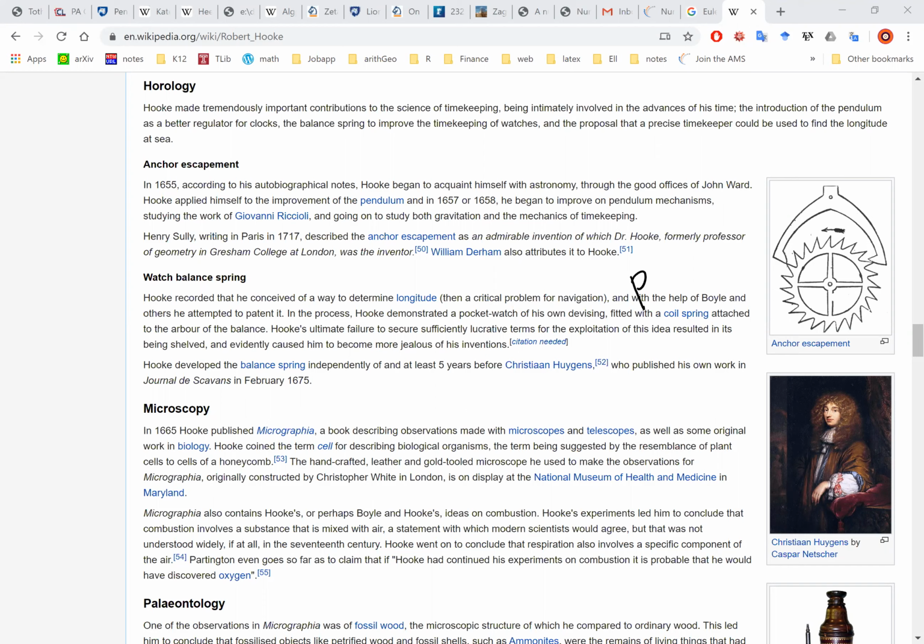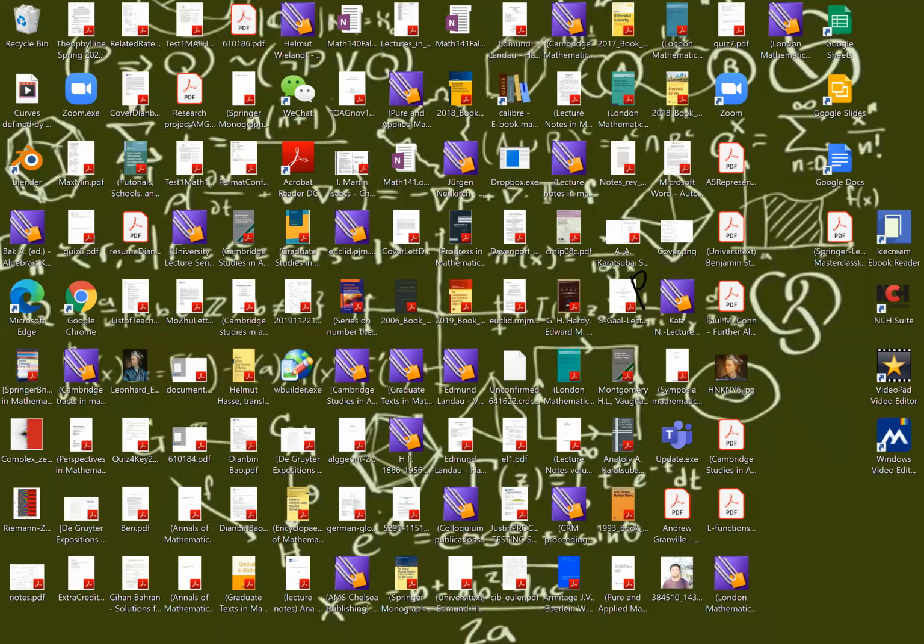Sometimes OneNote can go wrong. Let me close it.